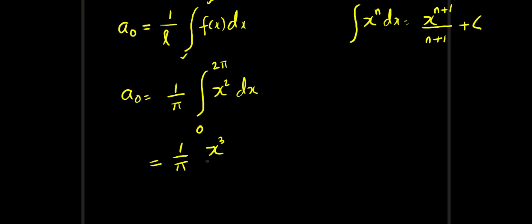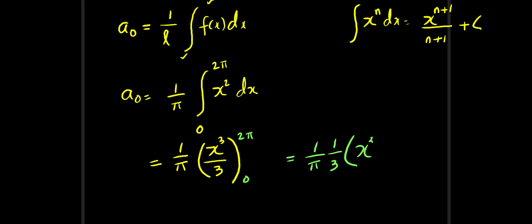We get x cubed by 3 within the limits 0 to 2 pi, and that gives me 1 by pi, and I take that 1 by 3 x cube within the limits 0 to 2 pi. That is 1 by 3 pi.